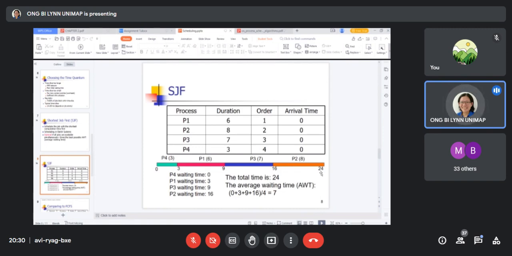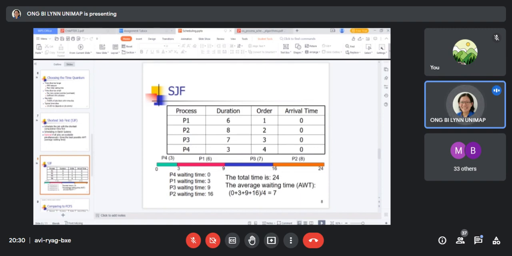All right, so now we are looking into the waiting time. We calculate P4 first. P4 ends at 3, minus itself 3, so it gets 0. P1 finishes at 9 minus itself 6, so you have 3.